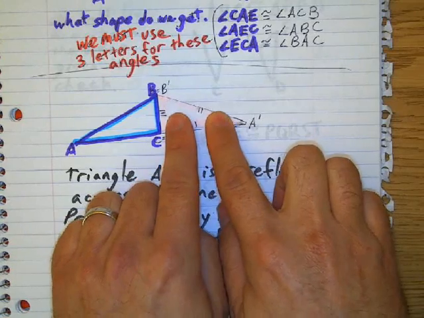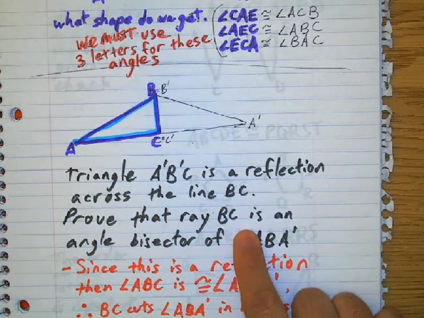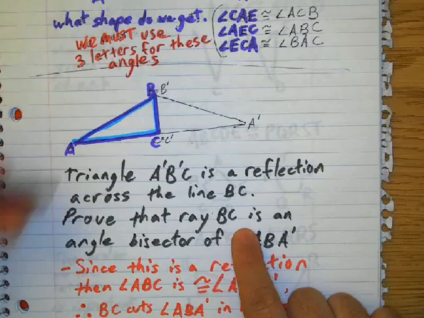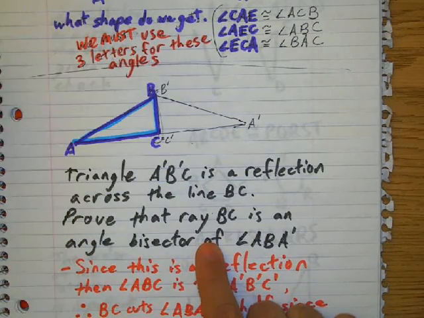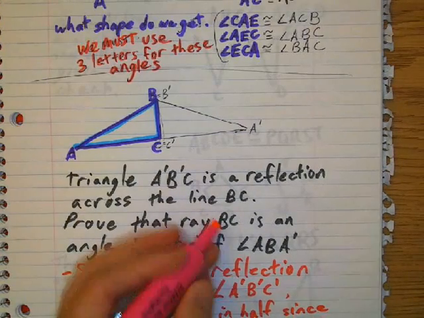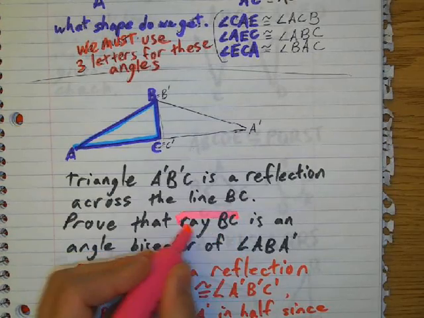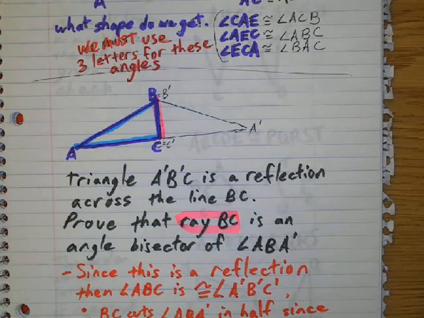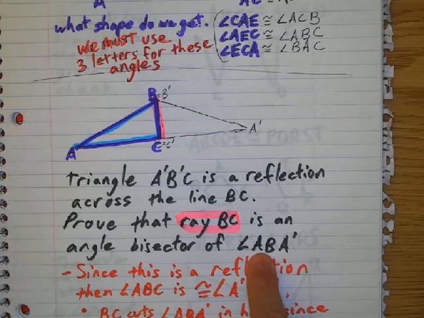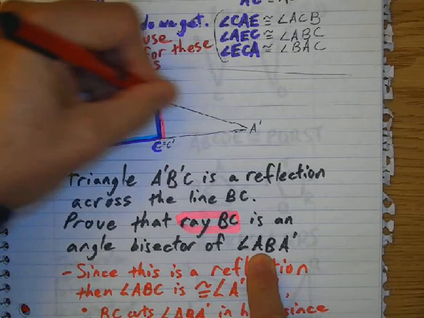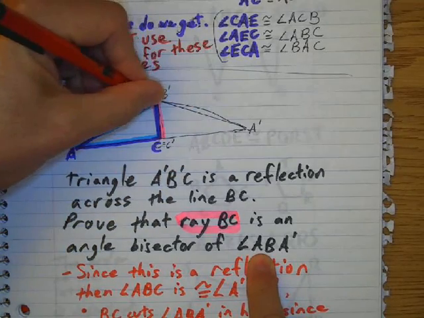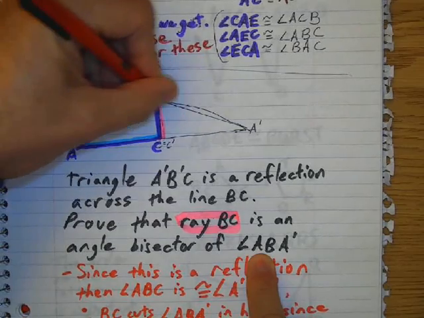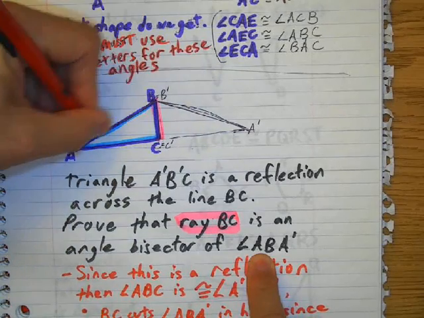Prove that ray BC, this line here, is an angle bisector of angle A, B, A prime, so this big angle. And this is a bisector.